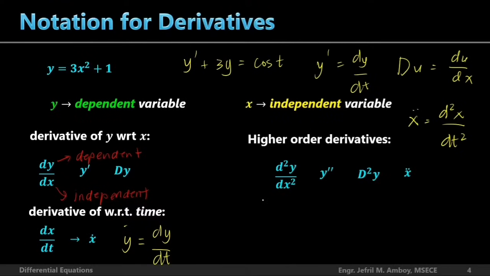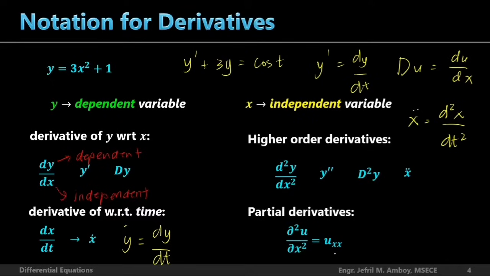Now, let's talk about partial derivatives. So, in writing partial derivatives, of course, we use the notation which is similar to letter D but not exactly letter D. Hindi siya straight, no? So, this is a second partial derivative of u with respect to x.